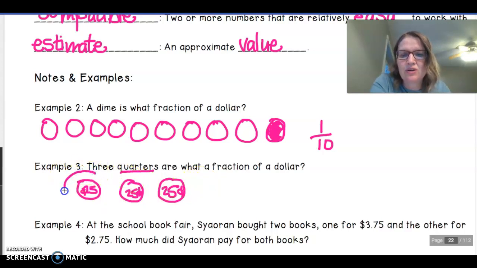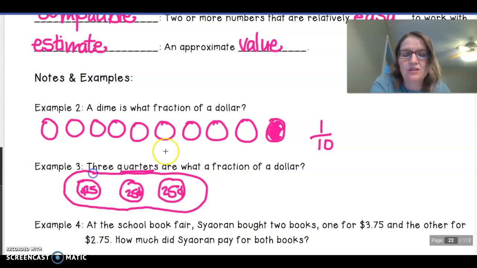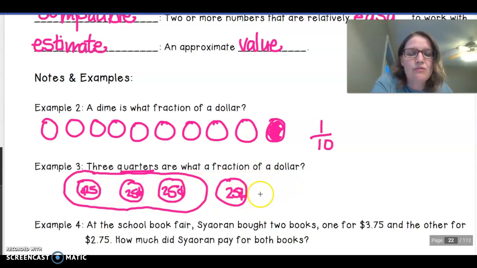I'm going to circle these. But we know that 3/4 does not make up a dollar, does it? We have an extra quarter right here. Now we have a dollar. And so we know that our denominator is going to be 1, 2, 3, 4. Our denominator is going to be 4. And how many parts are going to be in our numerator? 1, 2, 3. So 3 quarters is 3/4 of a dollar.